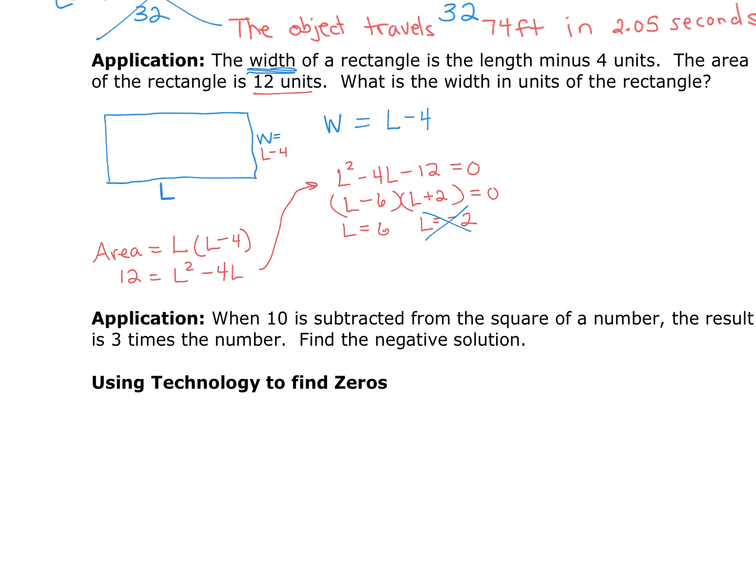So we could say the width of the rectangle is, okay, this is the length, so we'll just plug that in there. 6 minus 4 is 2, so 2 units.